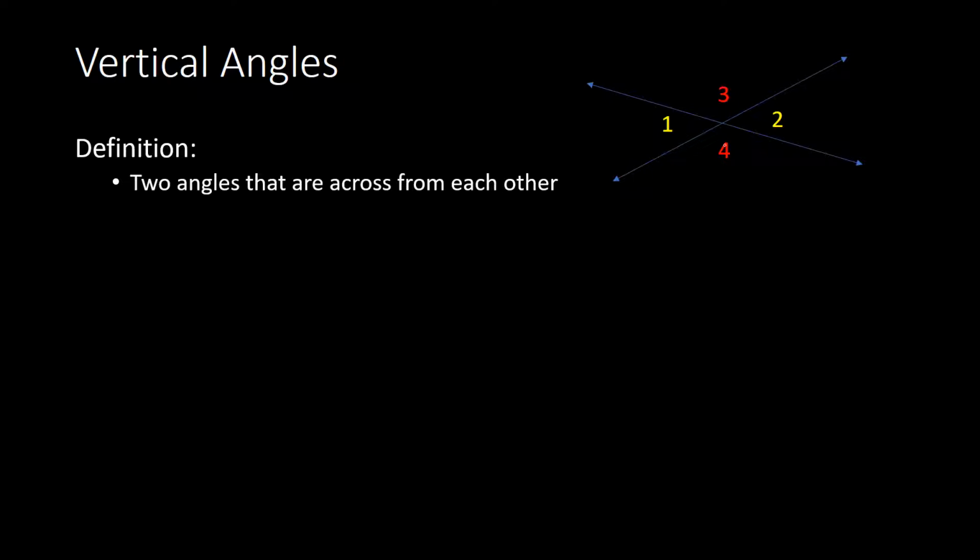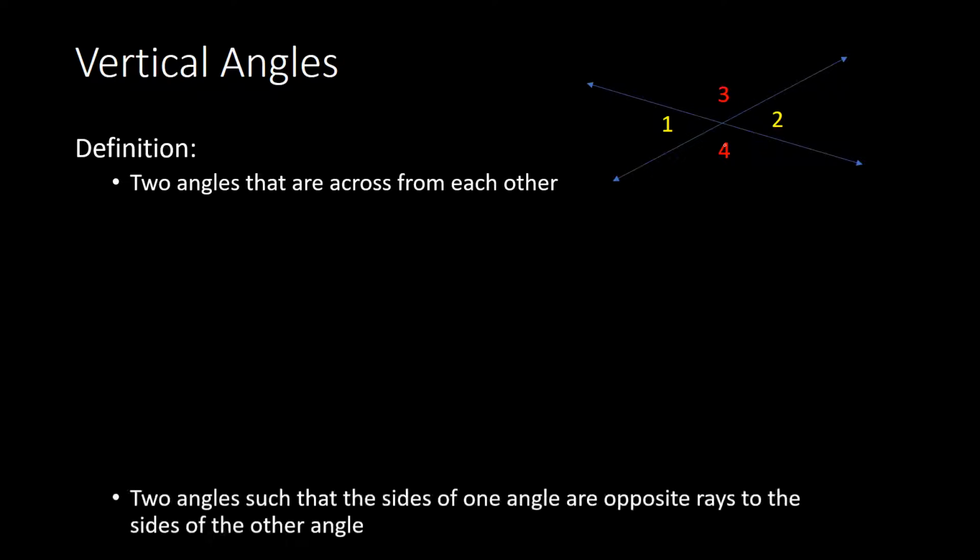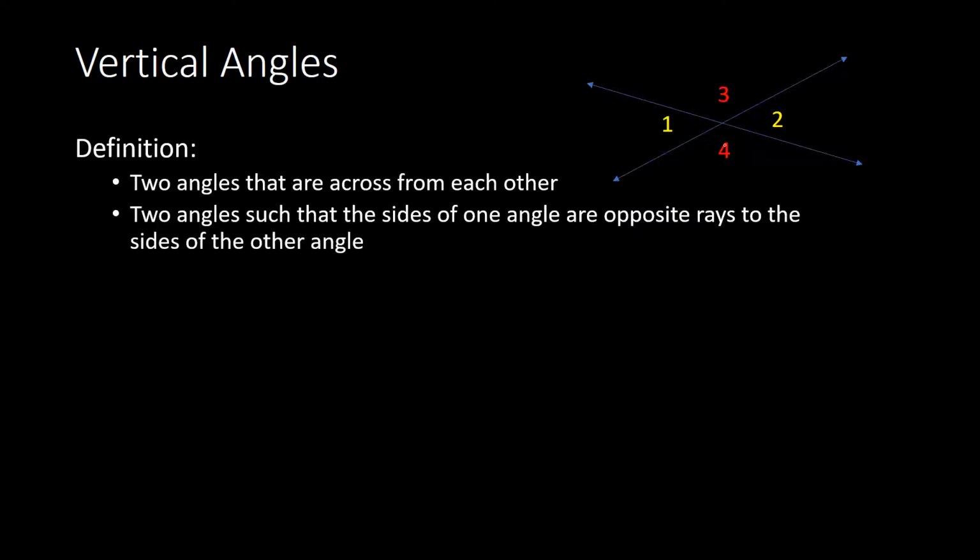Now a little more specific definition, not only are they across from each other, but they need to be such that we have two angles where the sides of one angle are opposite rays to the sides of the other angle.